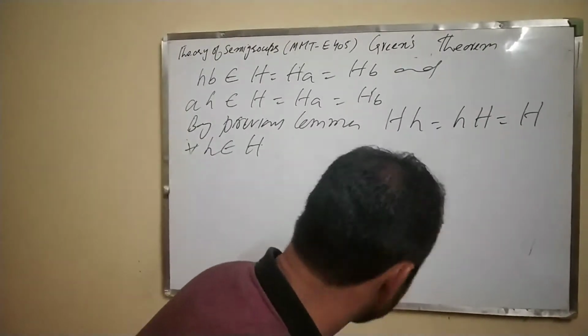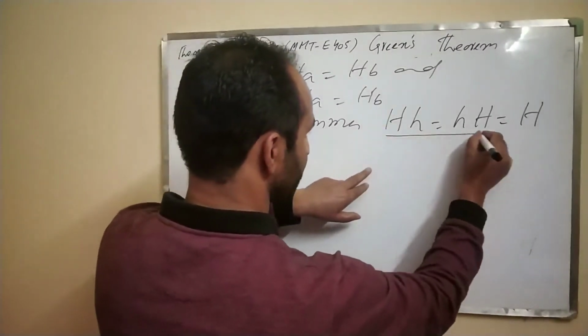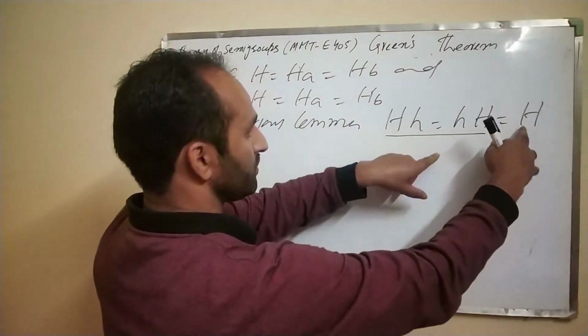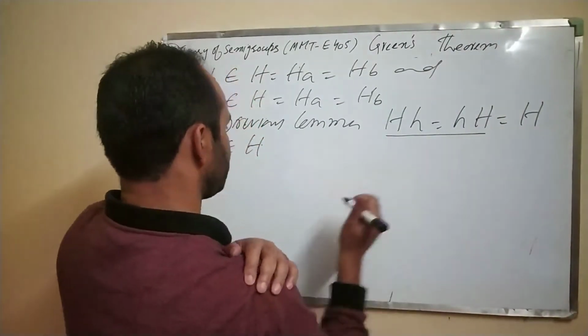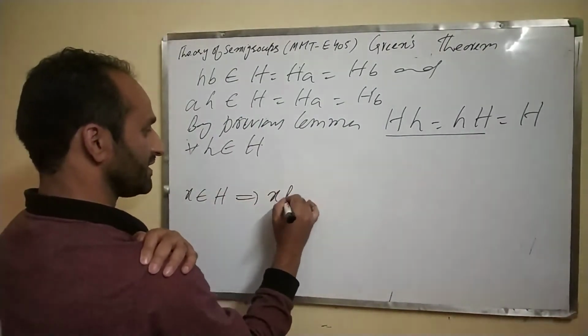So how can we obtain this one? It's very simple. Let's take an element here. So to prove it, H is equal to H. Now, if I take any element X that belongs to H, this implies what's XH actually?